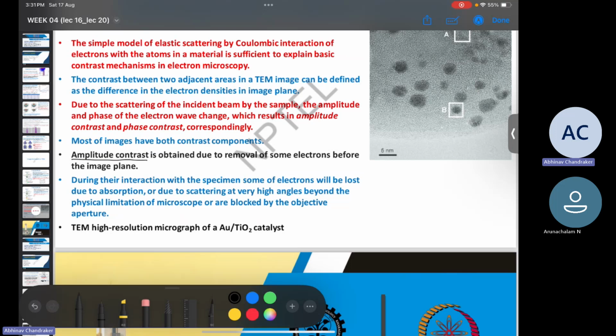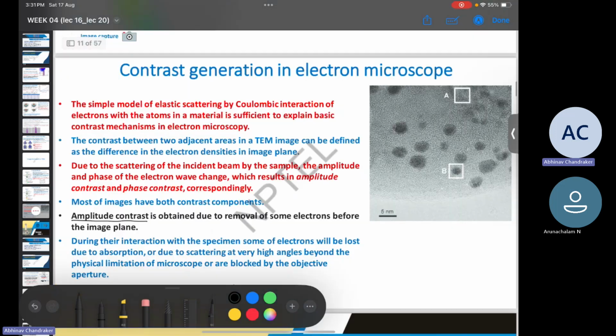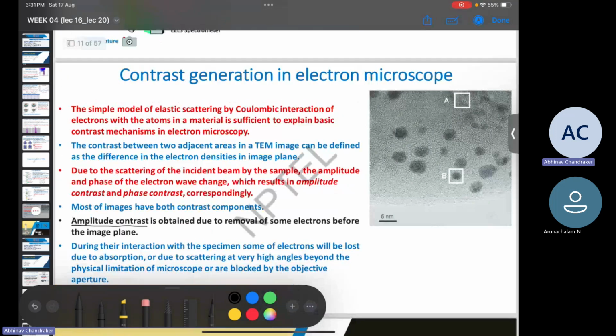So amplitude contrast will be generated because the electrons from the incoming electron beam, as we know, will get scattered by the atoms in the specimen, and those parts of the specimen which scatter more will lead to a reduction in the number of electrons which are transmitting through.